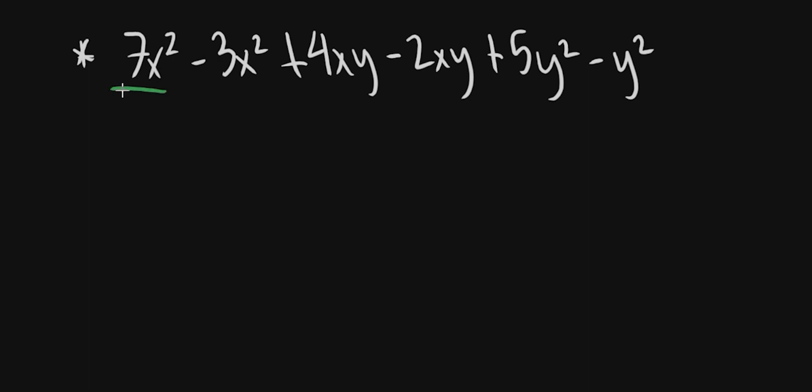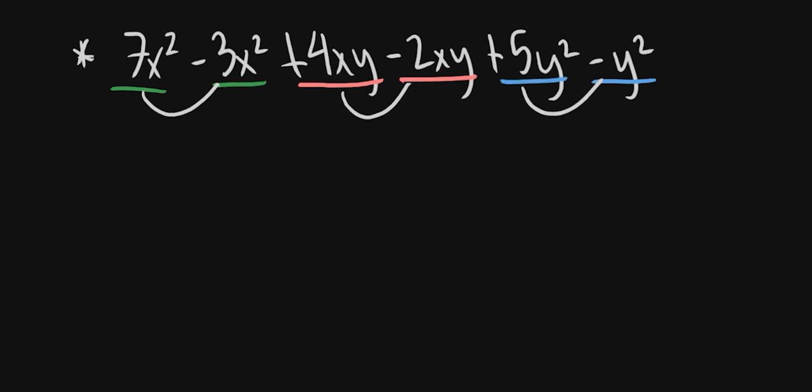So 7x squared and 3x squared are both similar terms, 4xy and negative 2xy are similar, and 5y squared and negative y squared are both similar. Therefore, they are the ones that should be combined to each other and not the other way around.